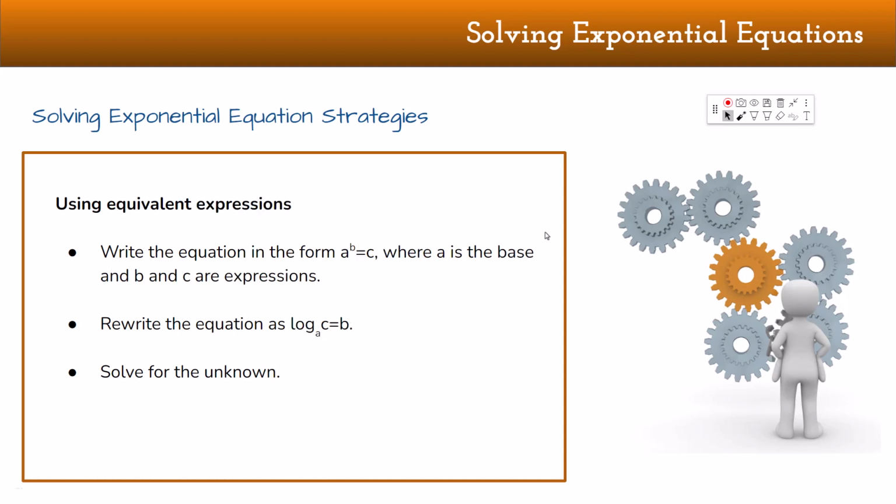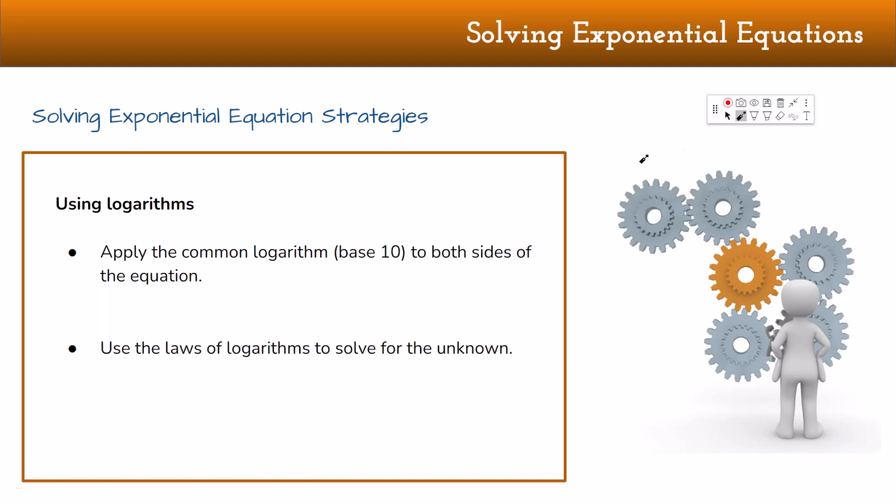Next, we use equivalent expressions, meaning if we are given an exponential equation, we rewrite it as an equivalent logarithmic equation and then solve for the unknown. In this one, using logs, we apply the common logarithm, in other words base 10, to both sides of the equation, and then we can use laws of logarithms to solve for those unknowns.